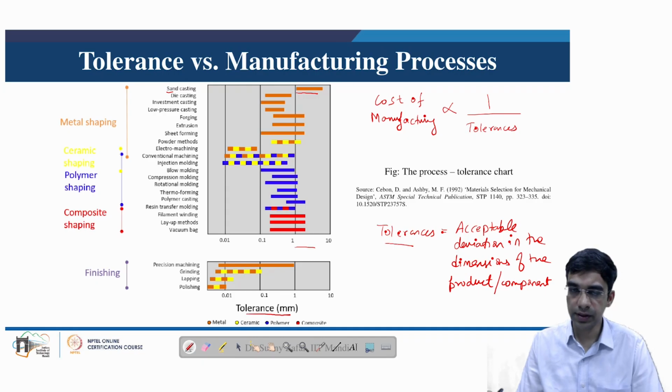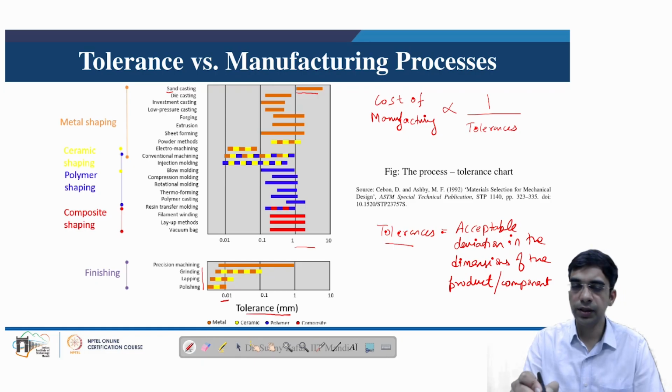Any process which is producing precise components, with very small tolerances, has a much higher cost. For example, precision machining, grinding and lapping can produce very tight tolerances, but the cost is much higher.